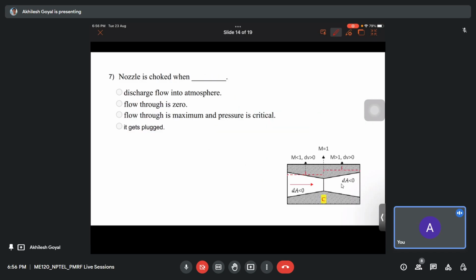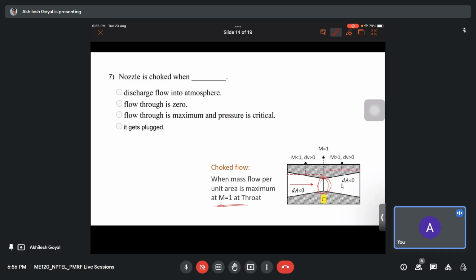So the next question is, nozzle is choked when. We talked about choking in the last few slides. Choking occurs when Mach number 1 is achieved or the fluid velocity becomes the sonic velocity at the throat, and the flow becomes maximum.